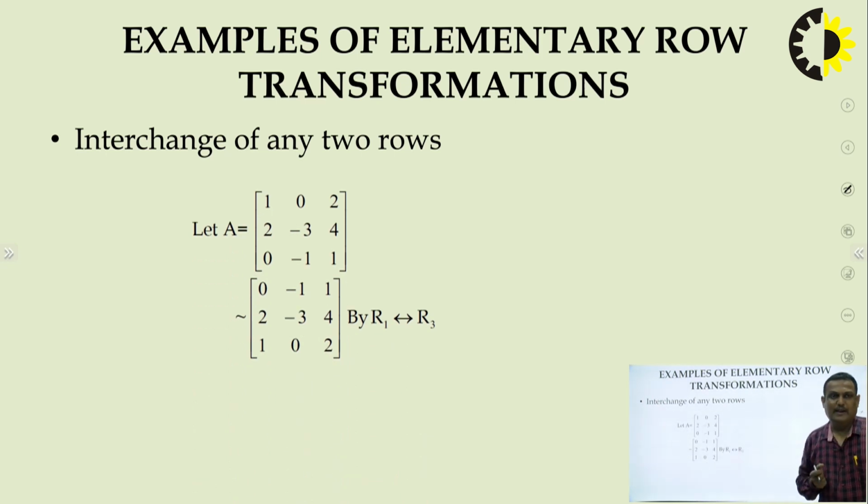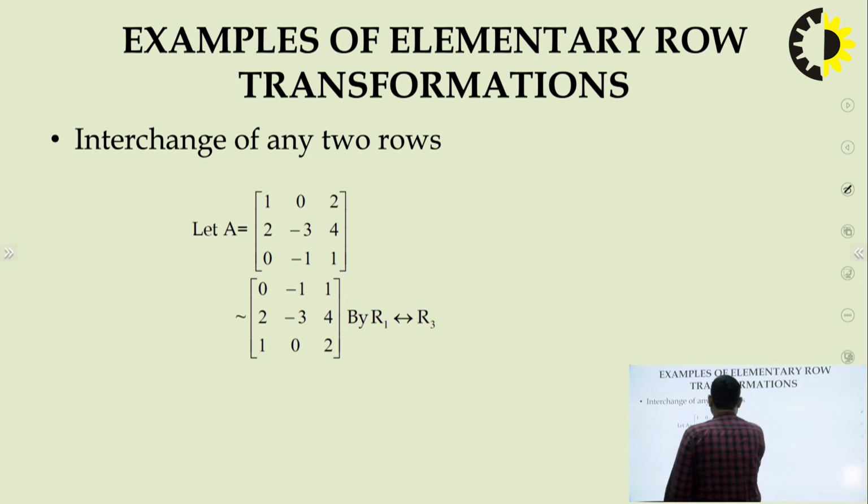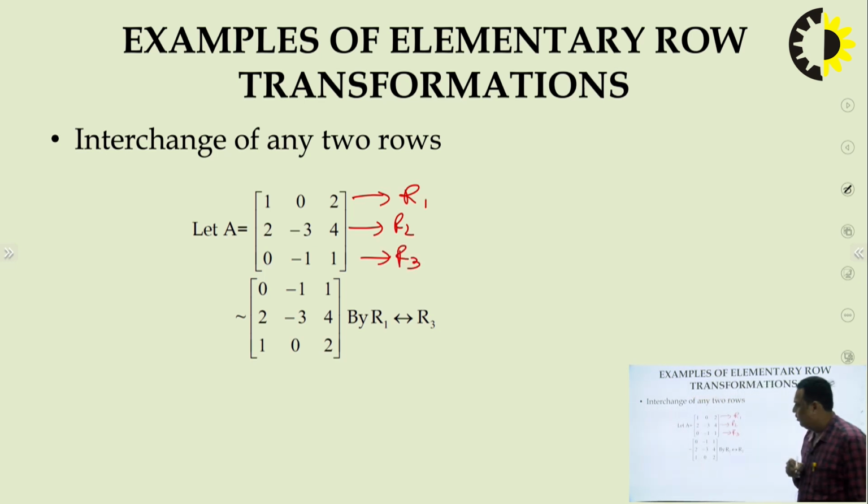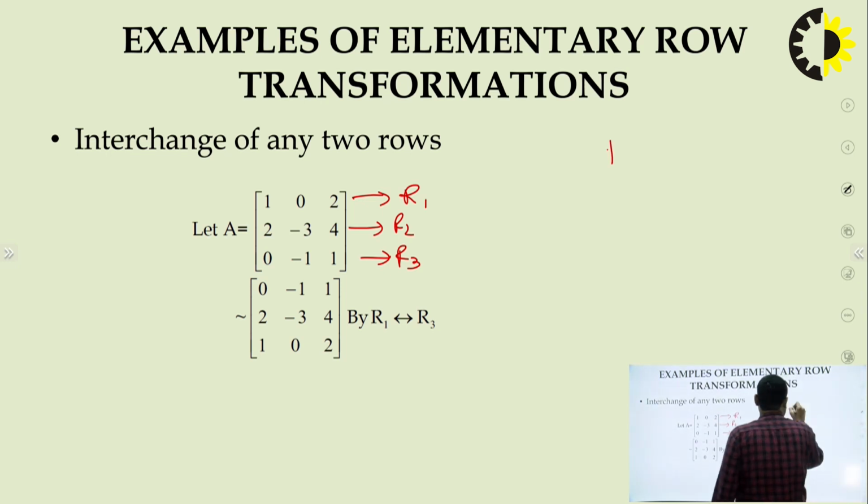Here a matrix A equals row 1: 1 0 2, row 2: 2 minus 3 4, and row 3: 0 minus 1 1. Horizontal lines are covered by R1, R2 and R3. These three are rows, horizontal, and vertical ones are columns. So here row R1 is 1 0 2, R2 is 2 minus 3 4, R3 is 0 minus 1 1. First, interchange any two rows. If we decide to interchange row R1 with R3, then we follow this operation.